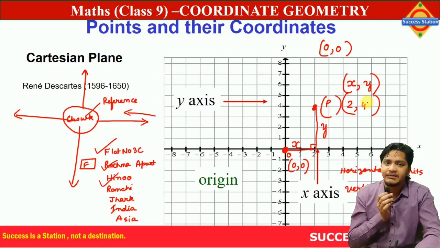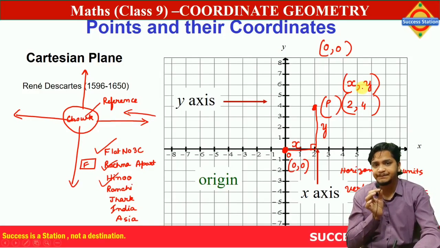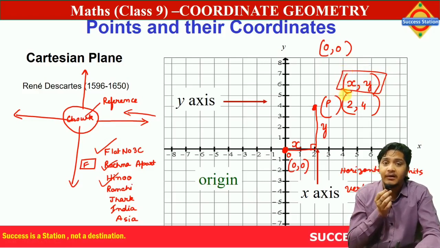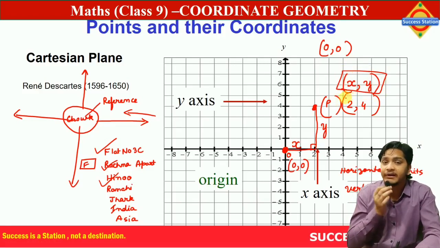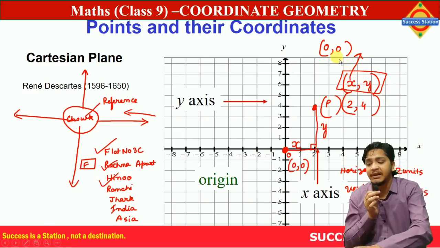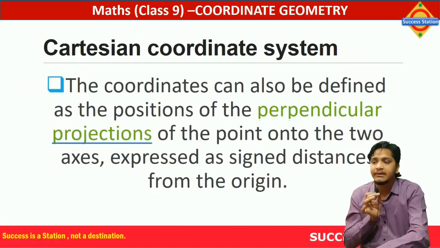Remember this. And this address is called the coordinates of the point P, where x has got a special name and y has also got a special name. Clear?